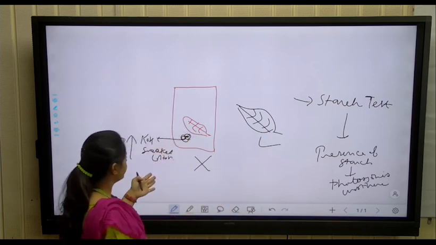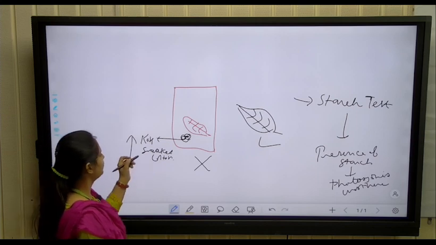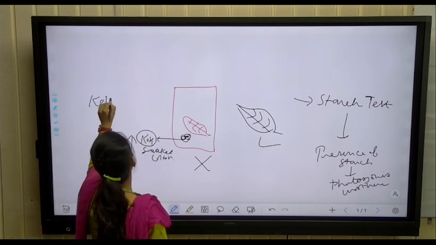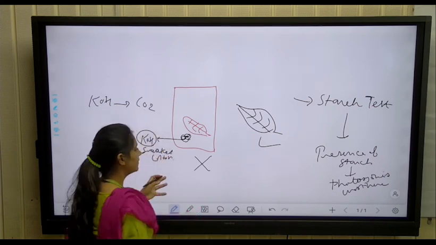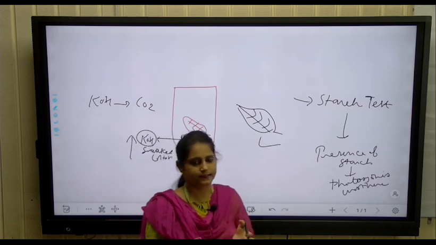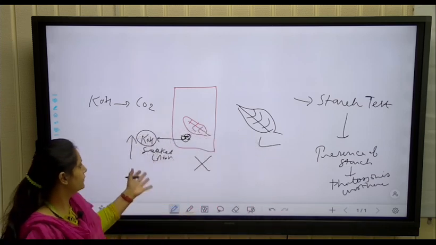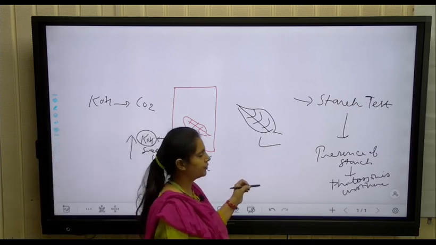So what was the reason there was no photosynthesis in this leaf? Because the KOH absorbs CO2. So CO2 was not there, and without CO2 photosynthesis cannot take place. So this experiment proves that CO2 is required for the process of photosynthesis.